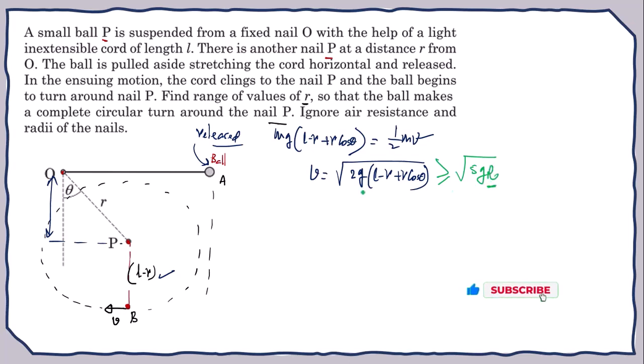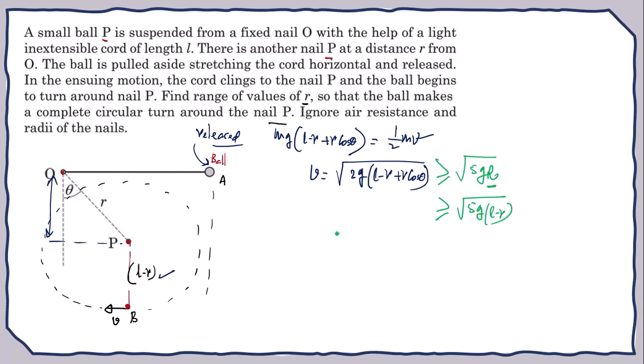Now what is R? R is the radius of the vertical circle. That is equal to L minus R. So I can write that it should be equal to under root of 5g into L minus R. Okay. If I simplify this, I can get the value of R. So square both sides.